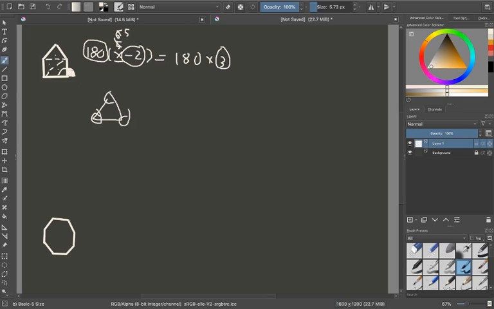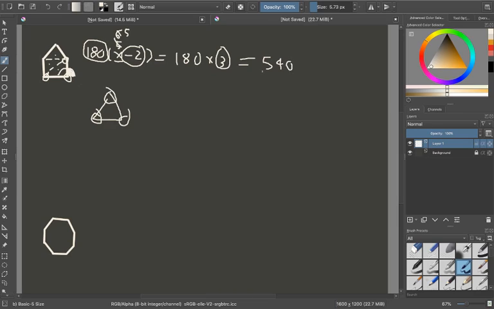We don't need the other side. As you can see here, one of the sides is over here, and one of the sides over here, and the other 2 sides are these sides, which we are subtracting by. So we do 180 times 3, which equals 540.